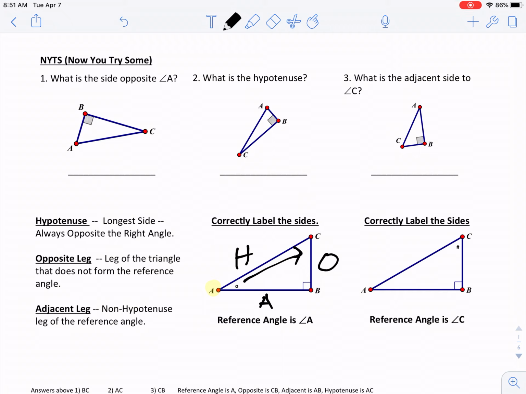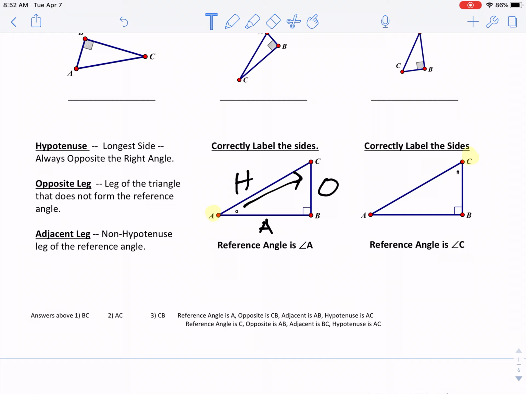If we switch to C, our new reference angle's here, and you'll find the opposite side, the adjacent side, and the hypotenuse in that triangle. I'm going to leave that for you to do. The answers to all of those are right down here at the bottom of the page. If you have questions about how they did all those, please let me know.